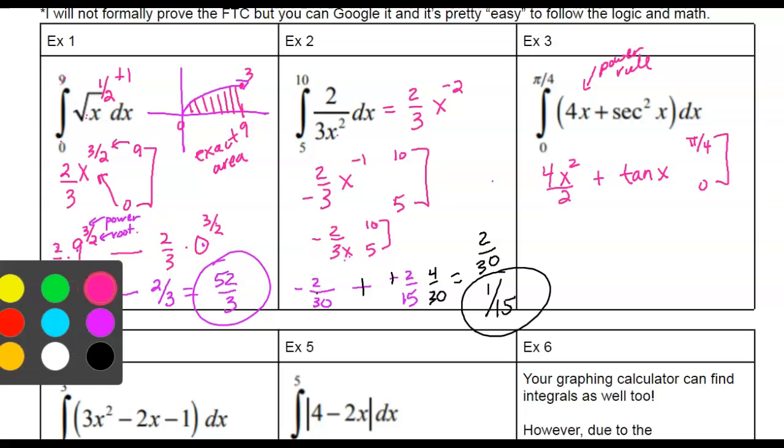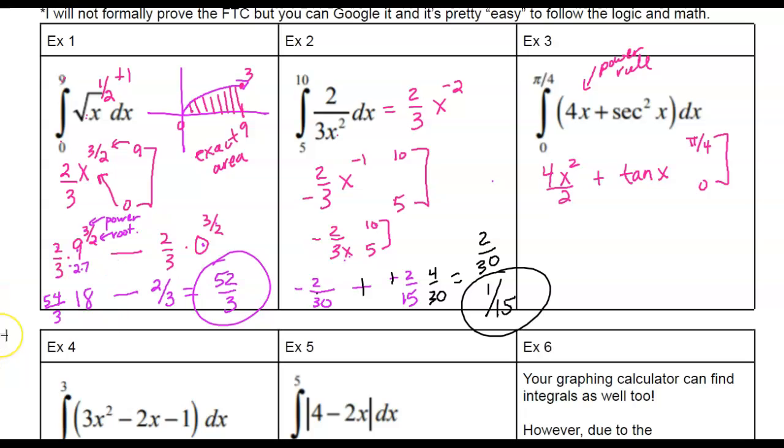Now, the important thing is if you don't separate the two functions, that you use parentheses. So this is really when I plug in pi/4, and this I'm going to subtract off the entire thing when I plug in 0. So let's reduce this. I get 2x squared. So I have 2, and then I'm plugging in x, which is pi/4 squared, plus the tangent of pi/4.